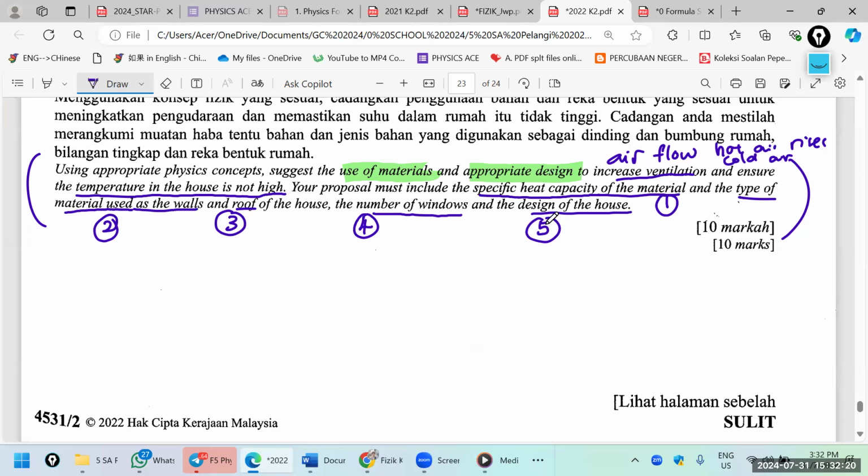So can you please tell me properly what is number 1? They want specific heat capacity of material of what? Of wall.